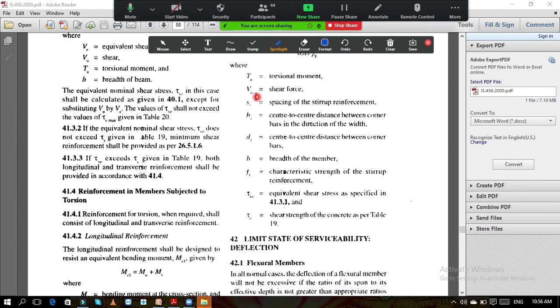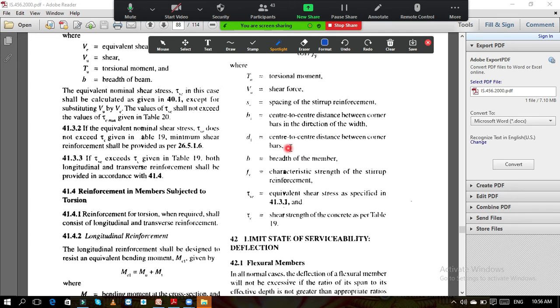Tu is the torsional moment, Vu is the shear force, Sv is the spacing of stirrup reinforcement. B1 is the center to center distance between the corner bars in the direction of the width. I think this is clear to you now. B1 means the horizontal center to center distance between the two bars.